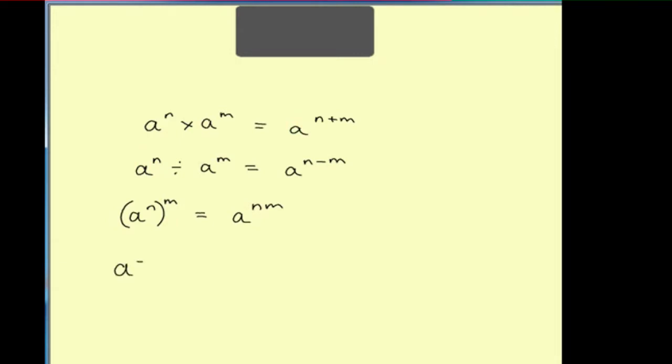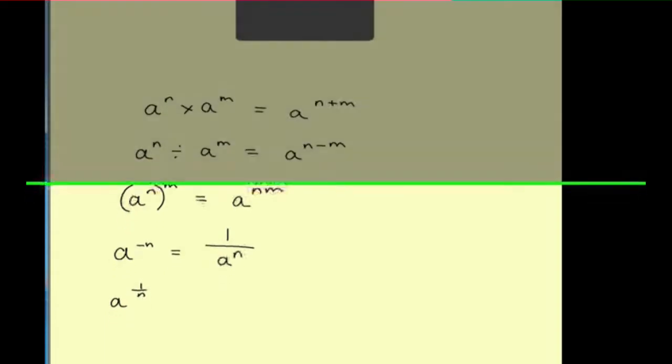A to the minus n is equal to 1 over a to the power n. And a to the 1 over n is basically the nth root of a.